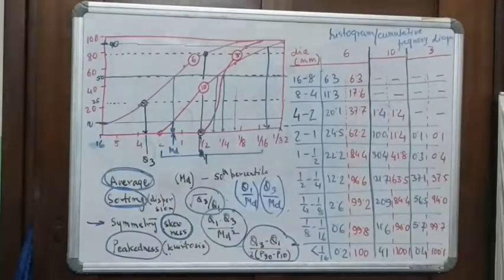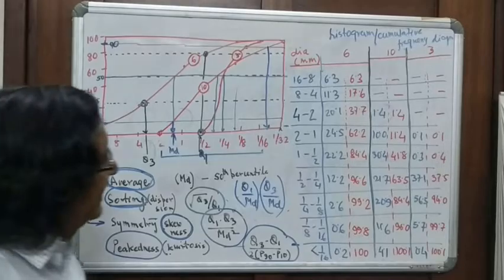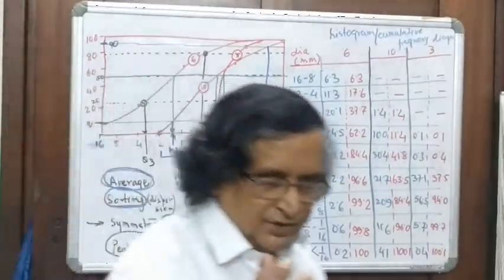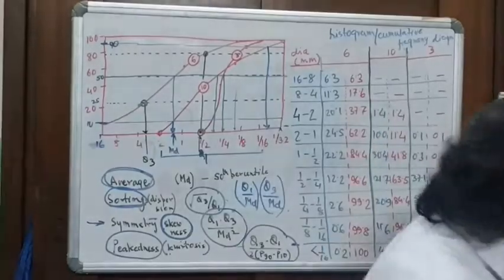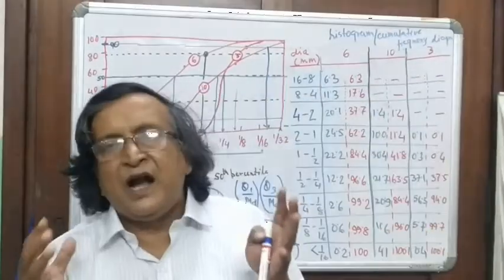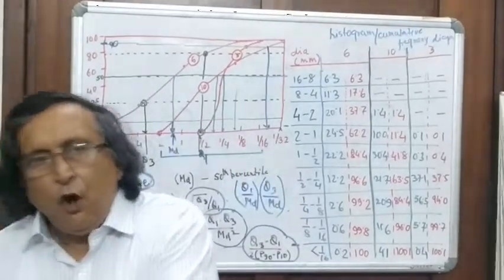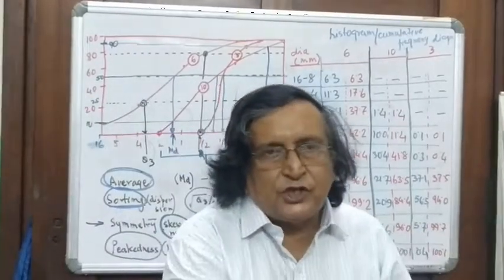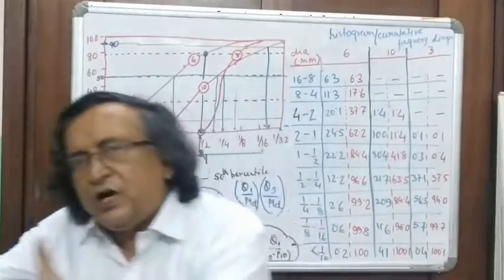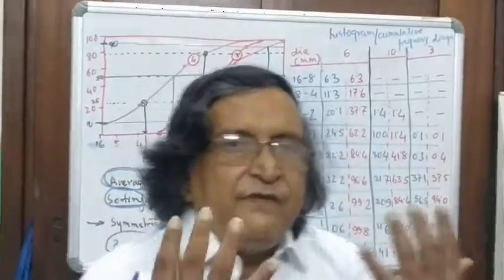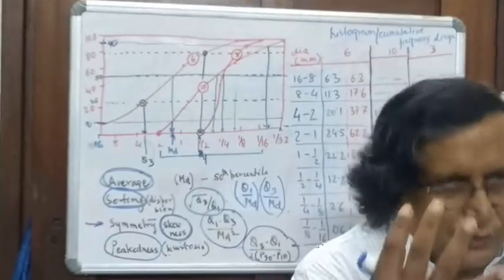So from the cumulative frequency diagram, we can arrive at certain important statistical parameters that we would require to understand either the dynamics of the deposition or the dynamics of the transportation, or for example the total dynamics of the system. As to what we see, we will try to get a value to it.